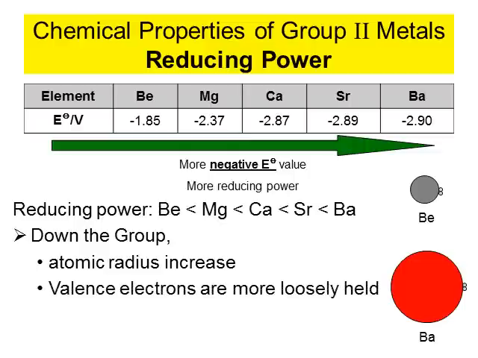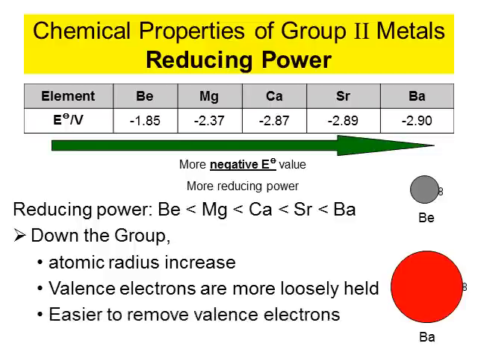You can see from the little ball diagrams to your right that the valence electrons basically are further and further away as it goes down the group. Therefore, they are more loosely held to the nucleus. If they are more loosely held, that means they are easy to remove, and of course, if they are easier to remove, means that they are more easily oxidized. That is to say, barium, because the nucleus is so far away from the electrons, they are easy to pop out, and therefore barium can easily become barium 2+.